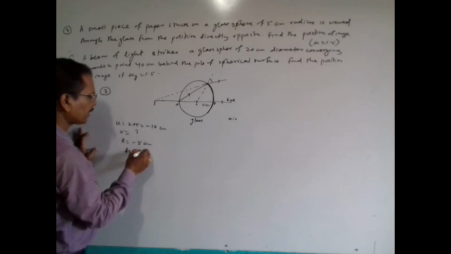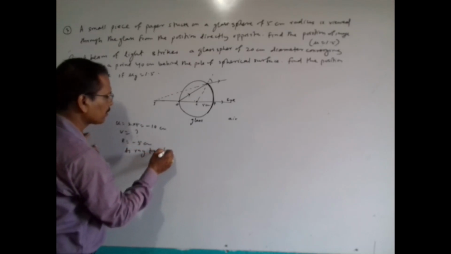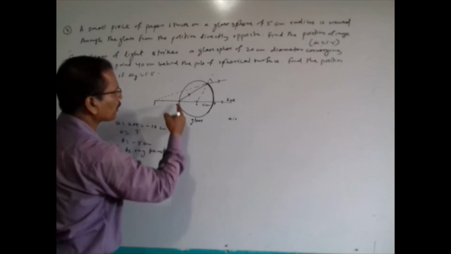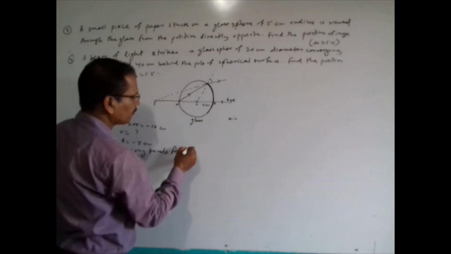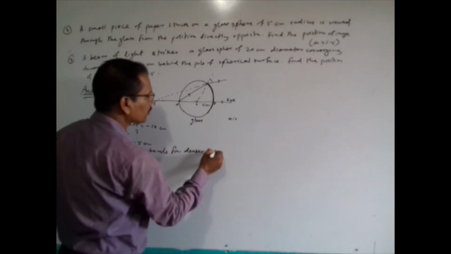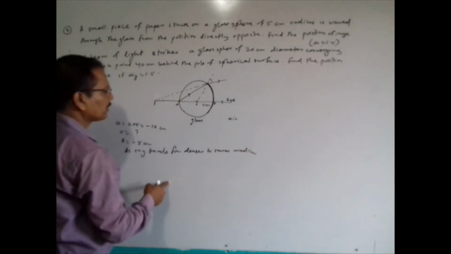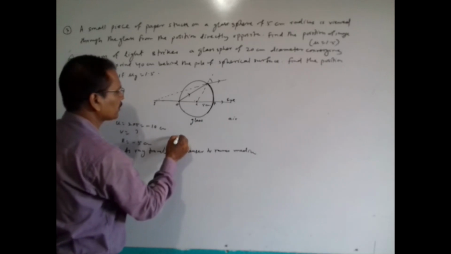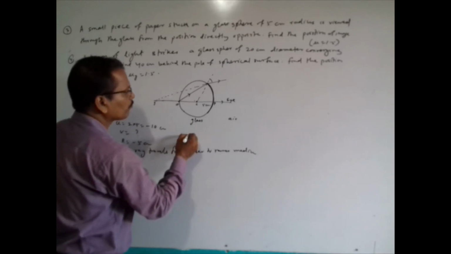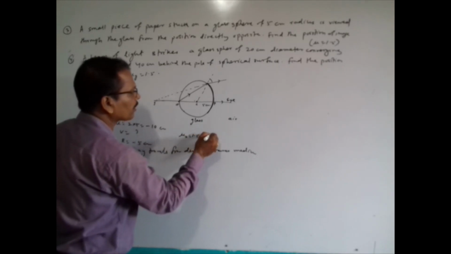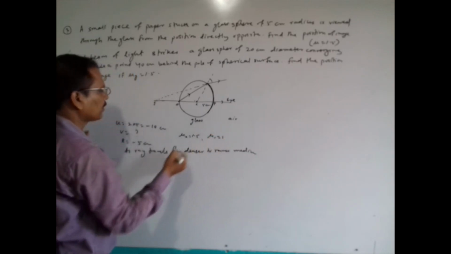As the ray travels from denser glass to air, from denser to rare medium, mu 2 is equal to 1.5 and mu 1 is equal to 1.